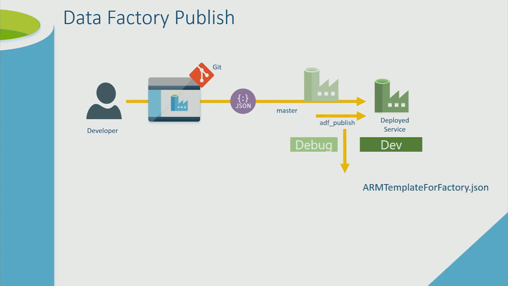What actually happens behind the scenes, if you look at your Git repo or whatever, it has a separate branch that Data Factory will create that you have no control over, this ADF_publish branch. And what you'll find when you look at that branch is there'll be a series of JSON files that represent the ARM template that is then going to be used when that Data Factory passes over to its published service. So that's okay, maybe we can deal with that, we can work with that.